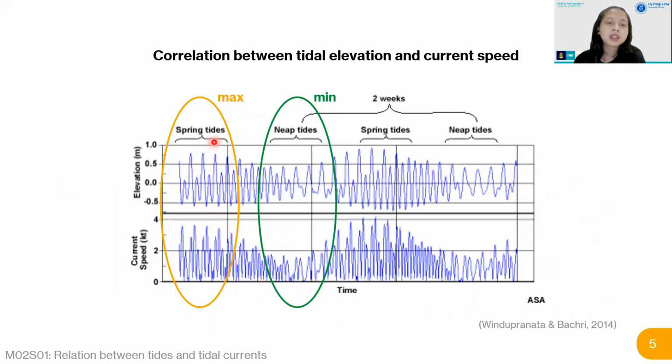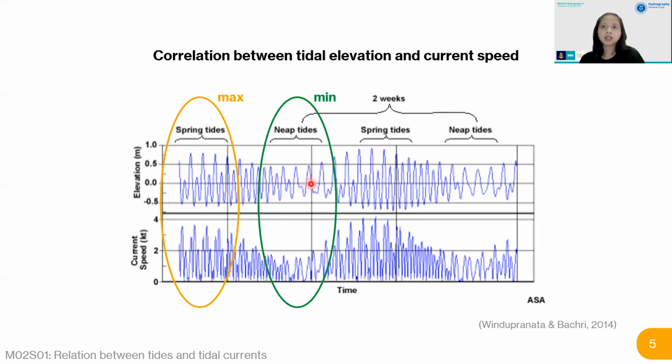Whenever you see something that is called the spring tide, here and there, the spring tide is basically when the range of the water level is higher, and neap tide is basically when your range of water level is lower. You can see that, for example, in the spring tide, you've got 1, and then you've got -1. So you've got a range of tide that is 2 meters, but at neap tides, it's only about half.